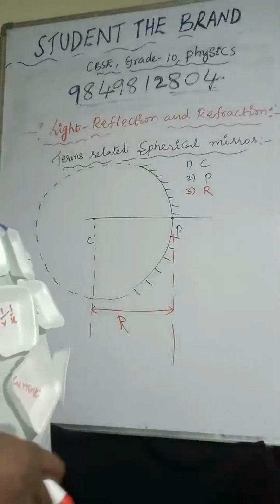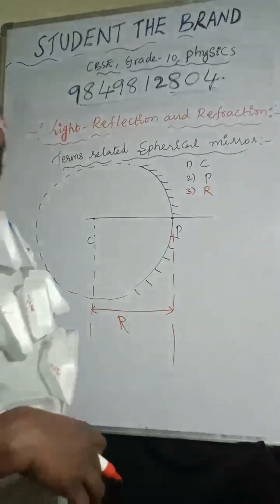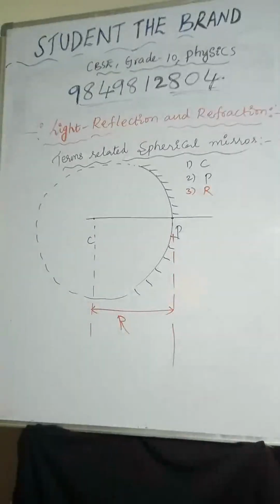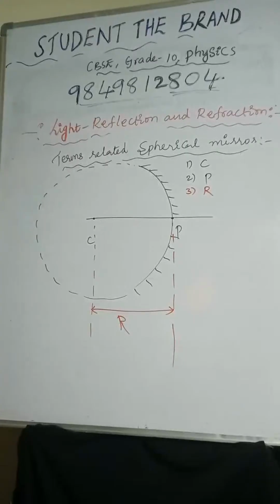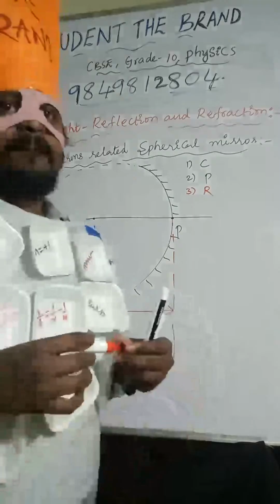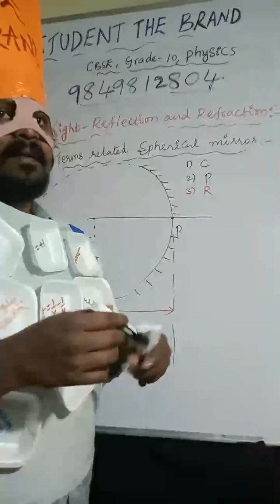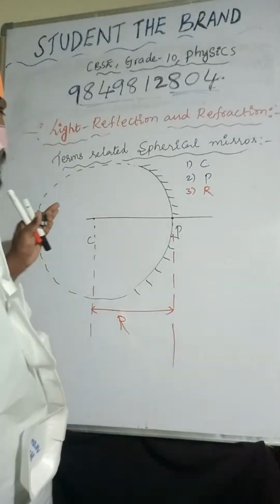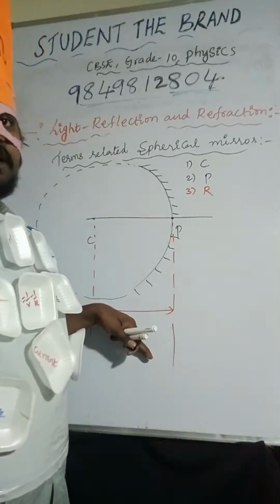I hope it is very clear now. Check once. The distance between the center of curvature and the pole is called the radius of curvature.